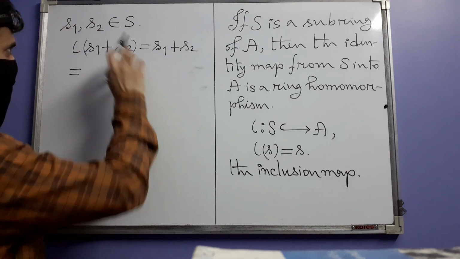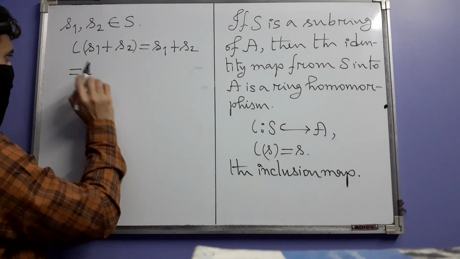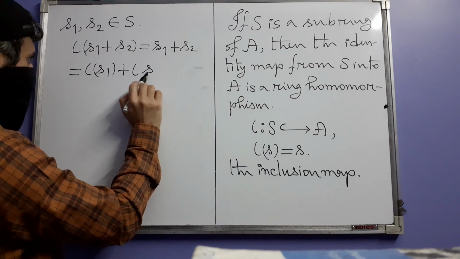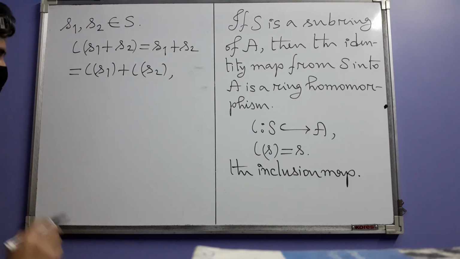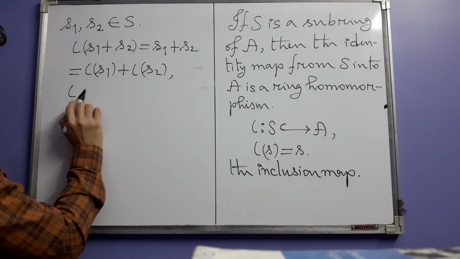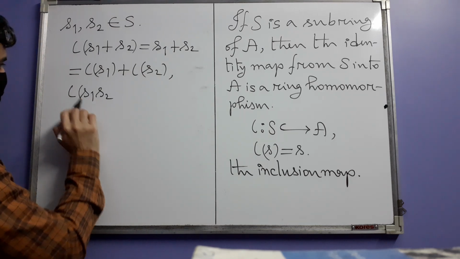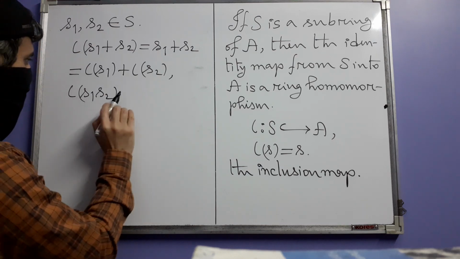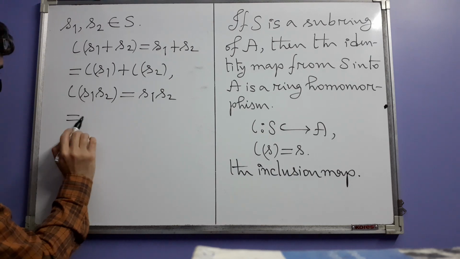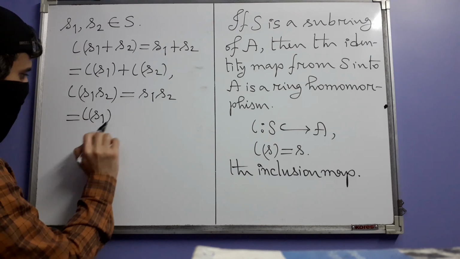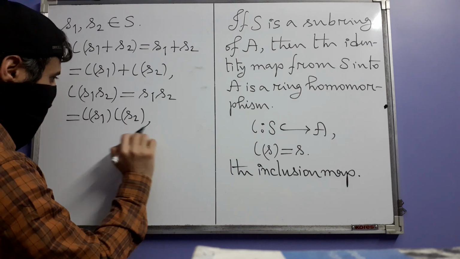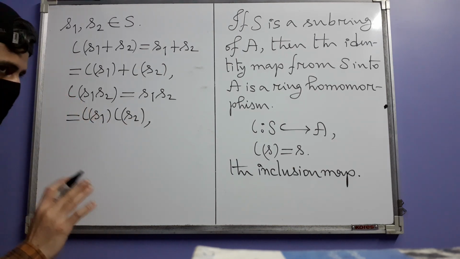However, again, because s1 and s2 are elements of S, s1 is iota of s1 and s2 is iota of s2. So yes, iota satisfies the first condition. In a similar manner, s1 s2 is also an element of S, so applying iota on that gives us s1 s2, which is this. So iota satisfies the second condition as well.